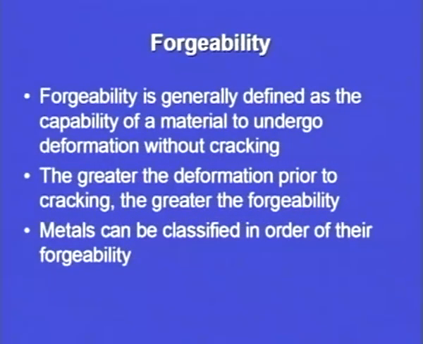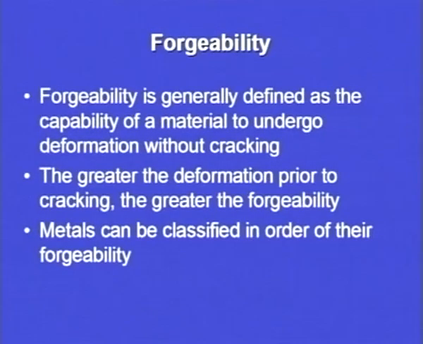Now, we come on to another important aspect, that is forgeability. What do we understand by forgeability? If we are able to easily machine a part, we say that the material of which the job is made is easily machinable.